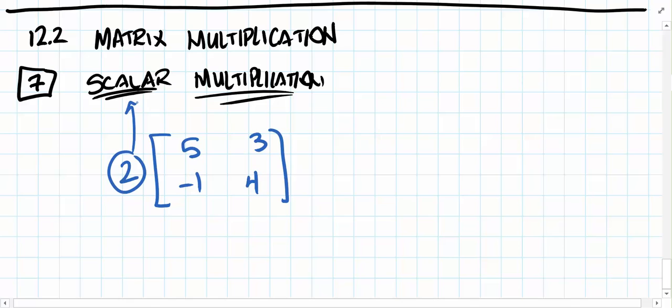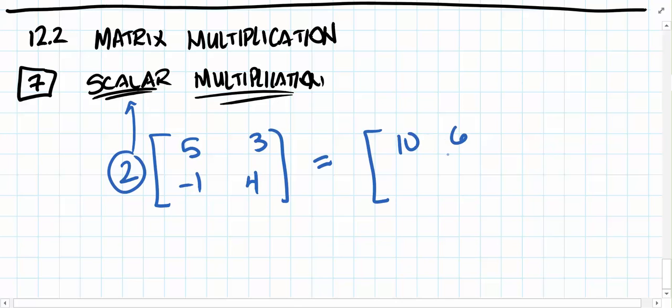Would this make it a 4 by 4 ordered matrix? Do you see why some people might think so? I'm doubling my order. That's fair enough. But what's really going on is this just doubles every entry. So that gives me 10, this gives me 6, this gives me -2, and this gives me 8. That's really all scalar multiplication does.